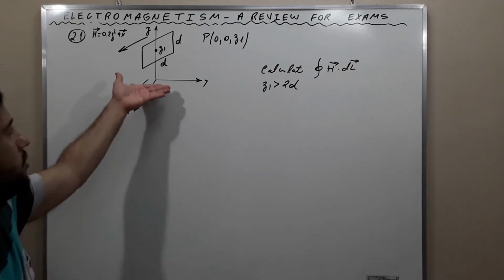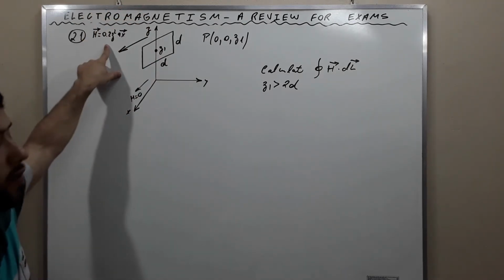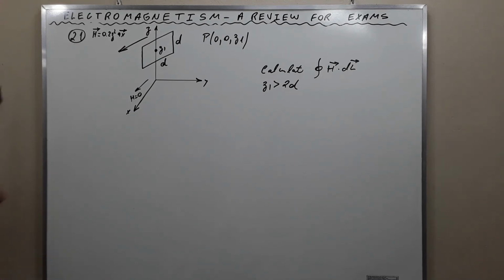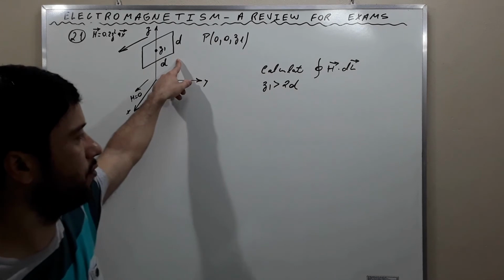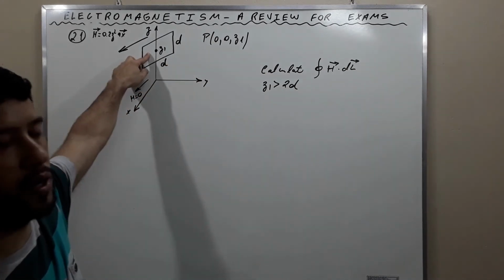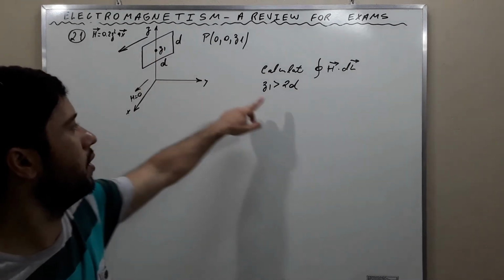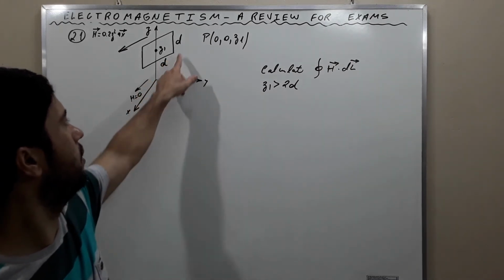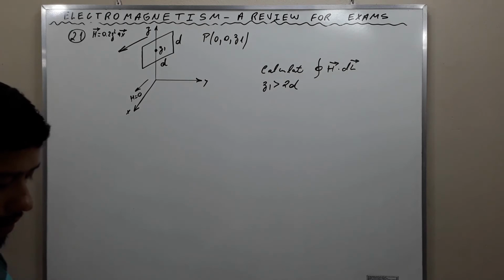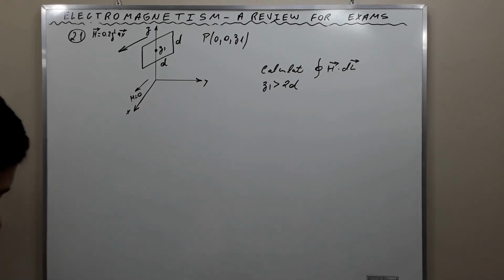So for z greater than 0, the field is given by this expression here, and we need to calculate this for this square path centered at z1 if z1 is greater than 2d, where d is the side of the square. Alright, let's do it.